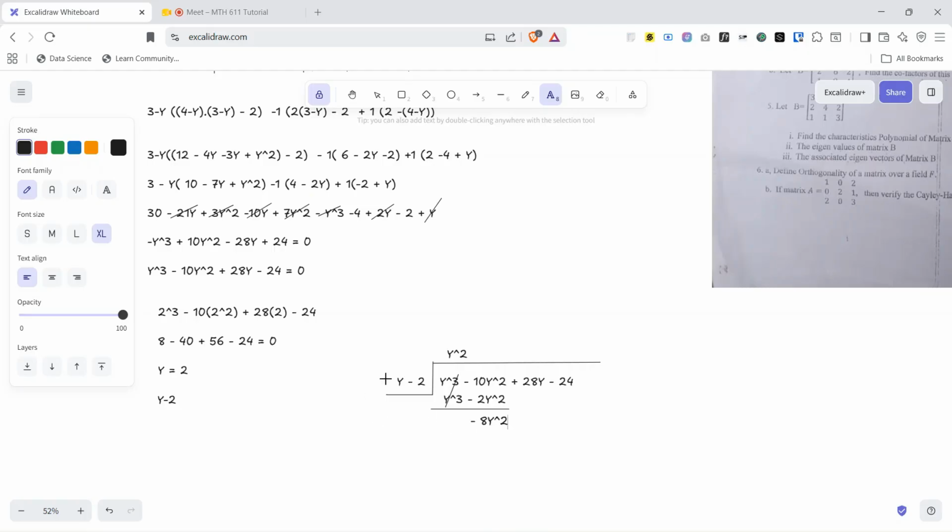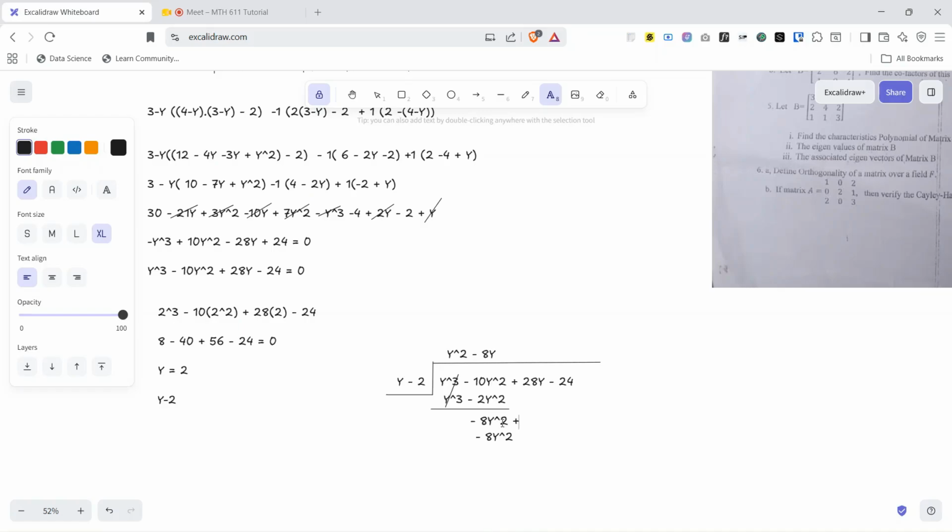Then we divide again. Lambda divided into minus 8 lambda squared gives us minus 8 lambda. We do the same thing again. This times this gives minus 8 lambda squared. Sorry, I forgot a step here.